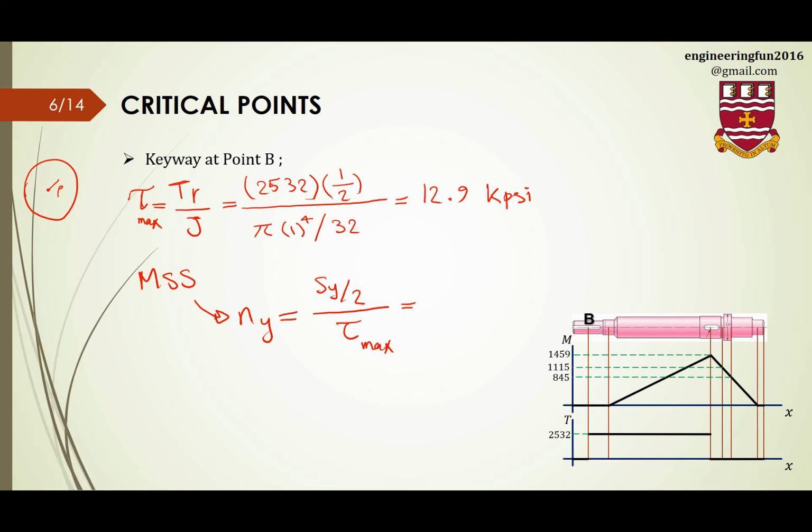Sy for this material is 57 divided by 2, divided by 12.9, and the answer will be 2.21.